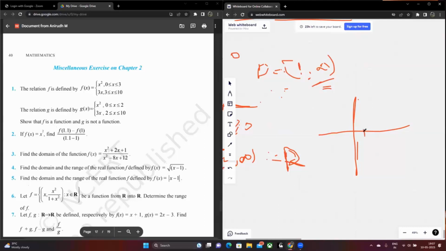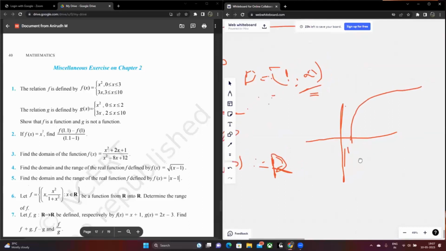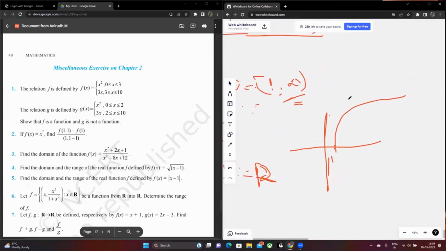So if this is x equals 1, then this is your function y equals root over x minus 1. You can see that the domain is 1 to infinity inclusive, while the range is 0 to infinity inclusive.